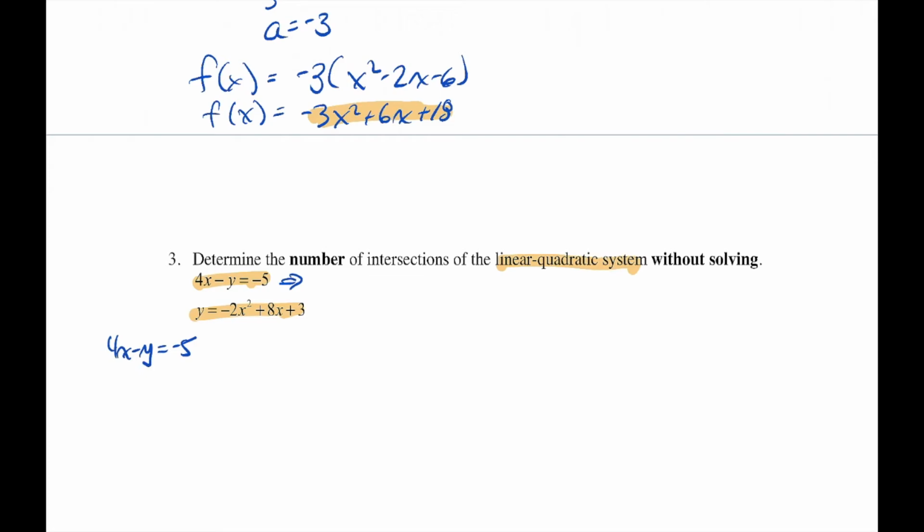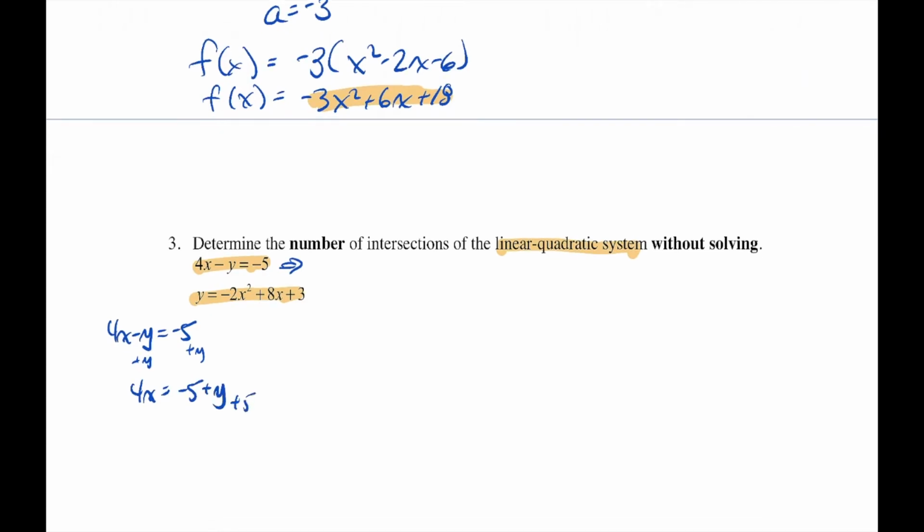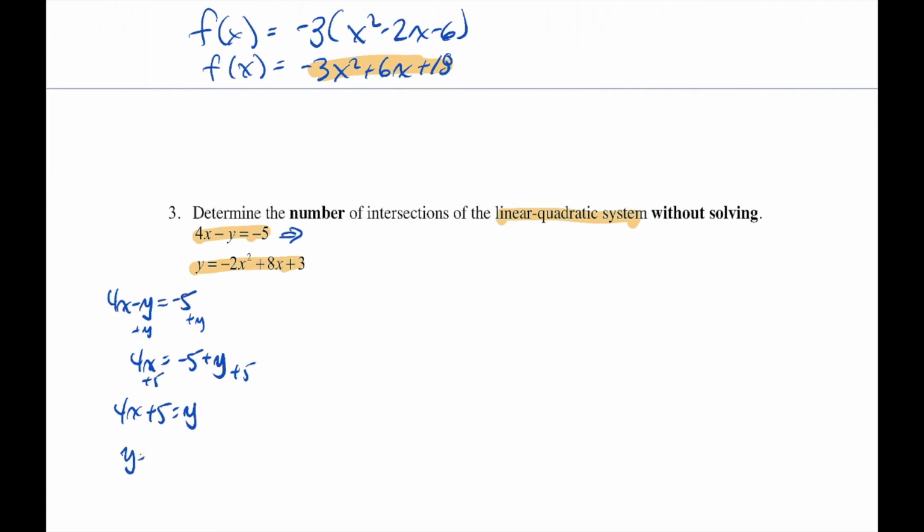So here I'm going to add y to both sides. So I'm going to get 4x is equal to negative 5 plus y. And I'm going to add 5 to both sides. So I'm going to get 4x plus 5 is equal to y, or in other words, y is equal to 4x plus 5.